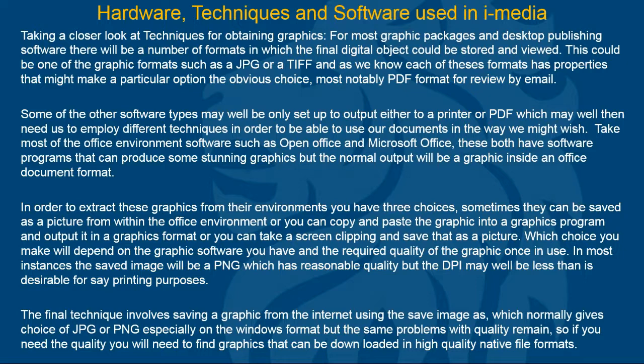Okay, so we can also create graphics such as JPEGs and PNGs using things like Microsoft Office. So if you were to use the shapes tool in there and some of the other graphics capabilities that it has, you can create something and you can then save it as a picture. Okay, and you can obviously put that within a document.